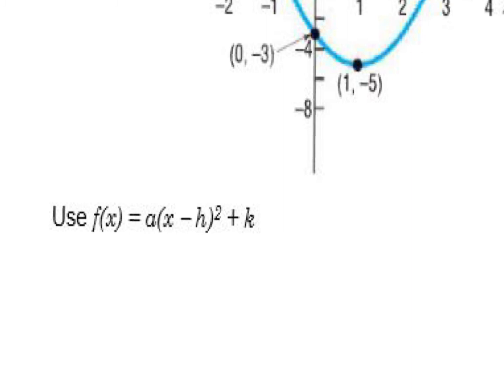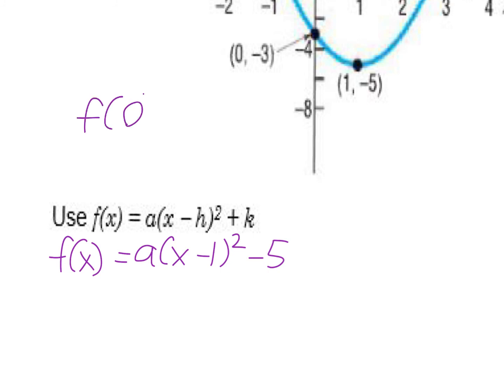First things first, plug in my known values of my vertex. So I've got f of x is equal to a times (x minus 1) squared minus 5. Next, I'm going to plug in my secondary values to solve for my a value, because I know that f of 0 is equal to negative 3.